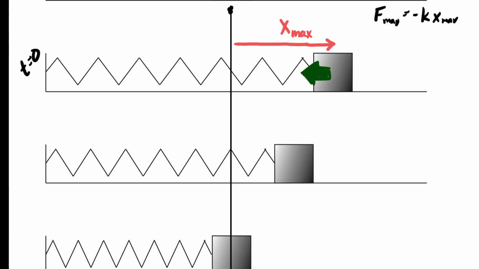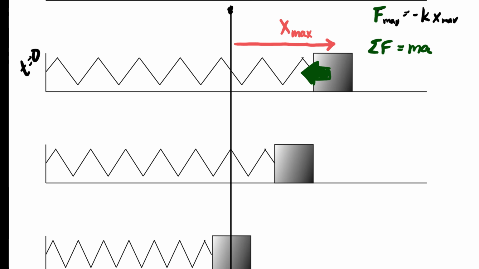And that force has to be to the left because our displacement is to the right. So at this moment, we are seeing maximum force. In addition to that, since net force equals ma, and the only force acting on it is the spring, our acceleration is also at a maximum because the force is at a maximum.